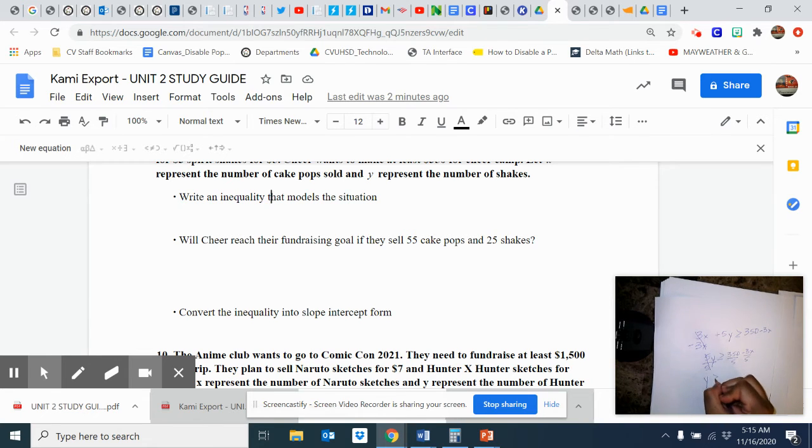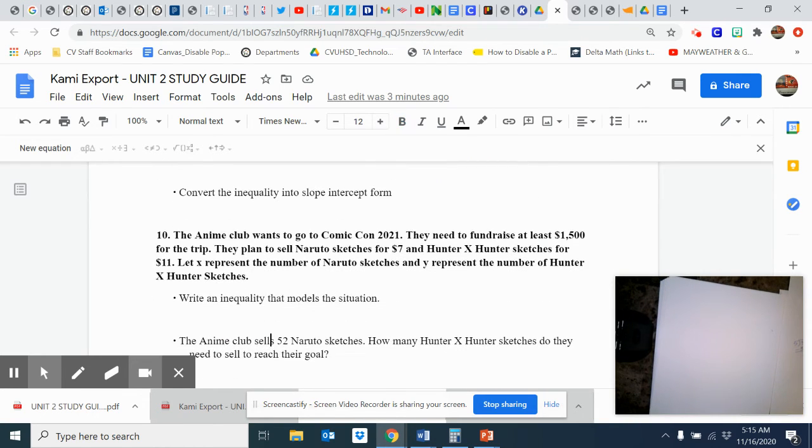And y is going to be greater than or equal to, I believe that's going to be 70 when we do it. If I divide that, that's 70. So that's 70 minus 3/5 x. And you can leave it like that. So that's slope intercept form. If you prefer, you can flip it to negative 3/5 x plus 70, but I don't mind that.